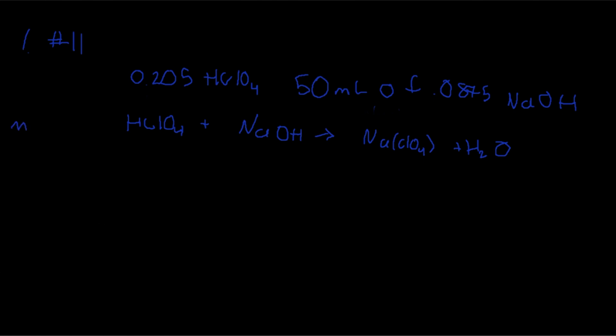So now we write down our constants and our formulas. Our formula is molarity equals the number of moles over the number of liters. What we're looking for is the volume for this.